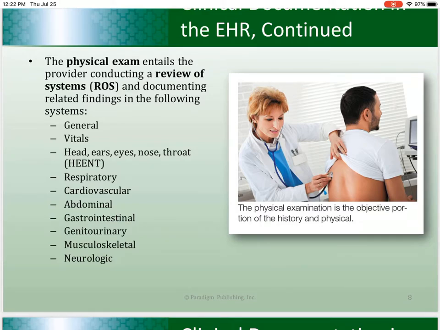Now, let me kind of go back into when I said before that a review of systems can be subjective. From my background personally, if you look at a history and physical from North Mississippi Medical Center, it's going to contain two separate sections. One that they call review of systems.